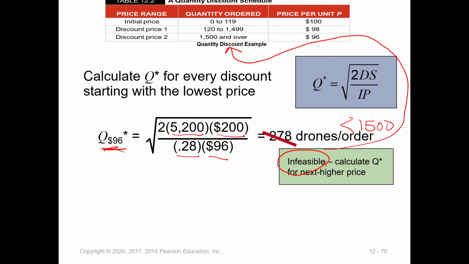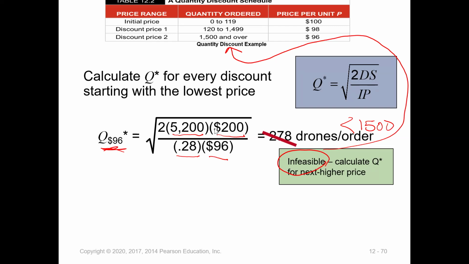So how do we start? Calculate Q star for each discount, starting with the lowest price, using this formula: the square root of 2DS over IP. D is given, which is 5200. S is also given, 200.